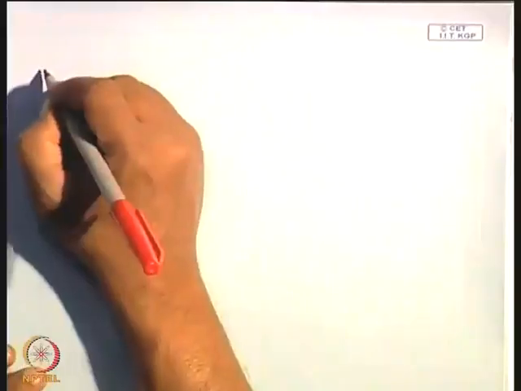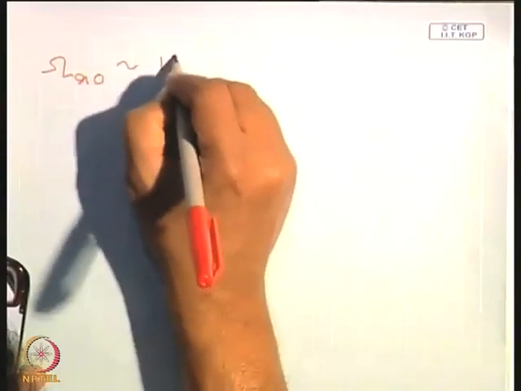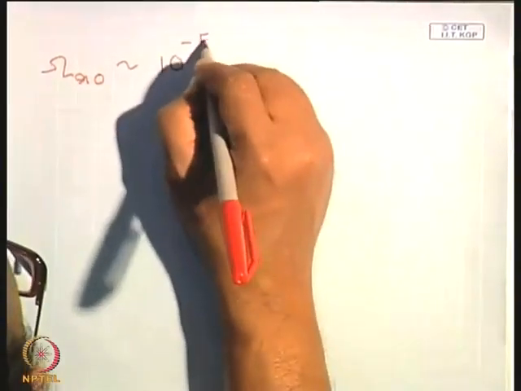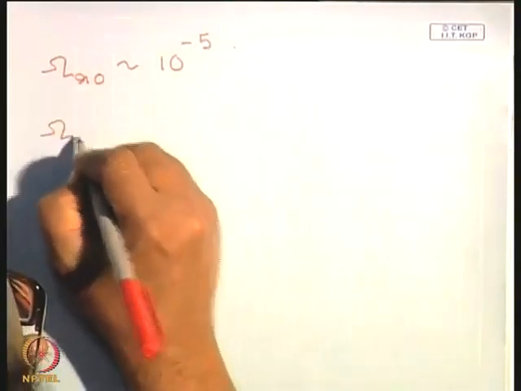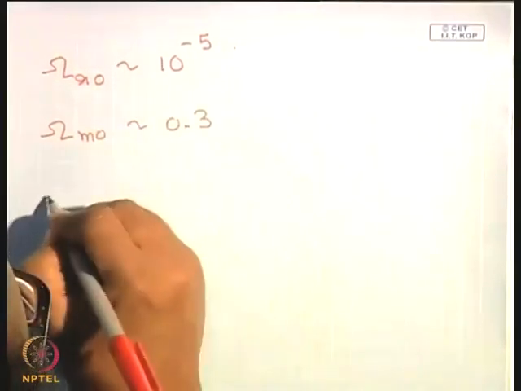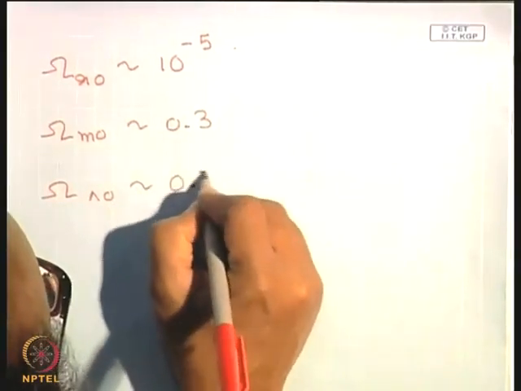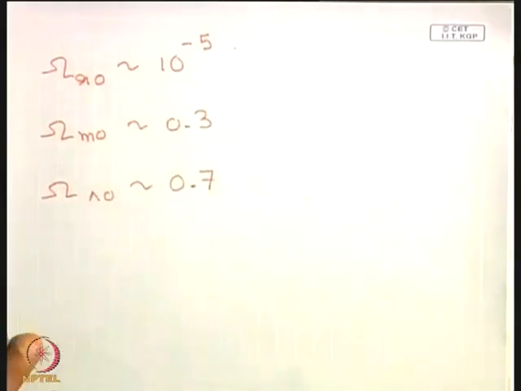Work out a(t). Take for example omega radiation naught to be of the order of 10 to the power minus 5, omega matter naught to be of the order of 0.3, and omega lambda naught to be of the order of 0.7. Okay. The total sum has to be 1.